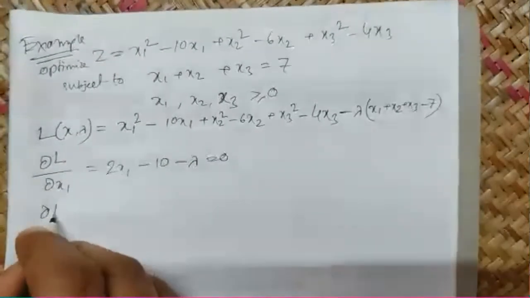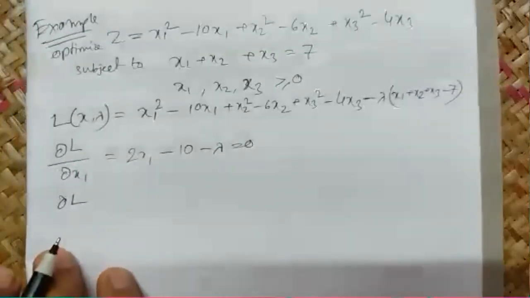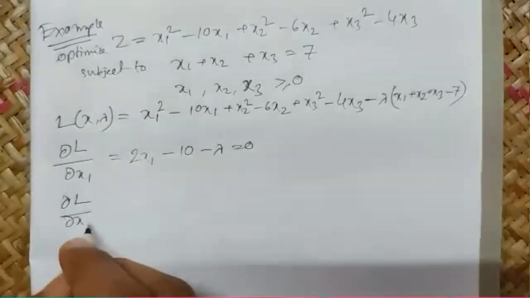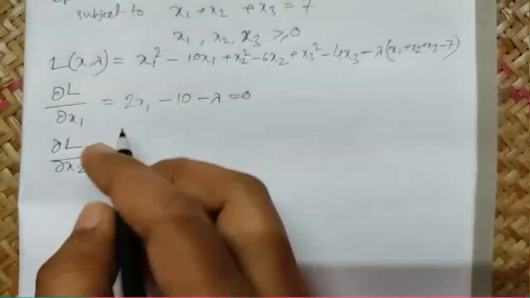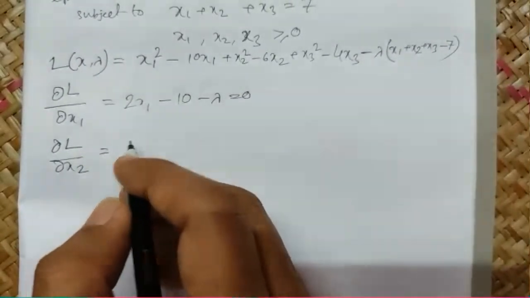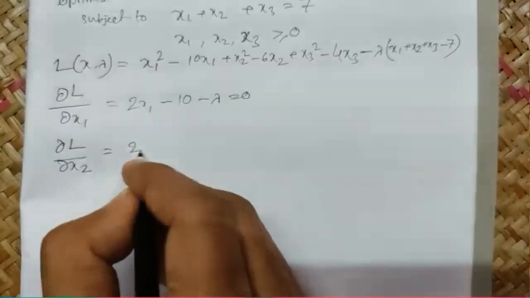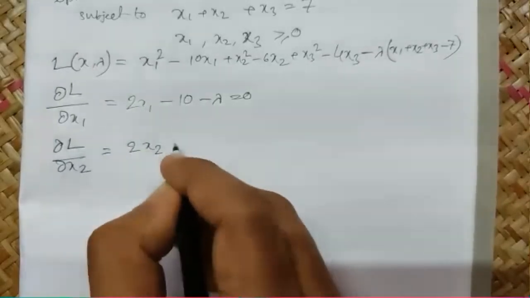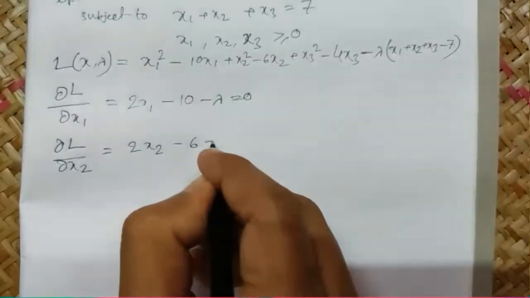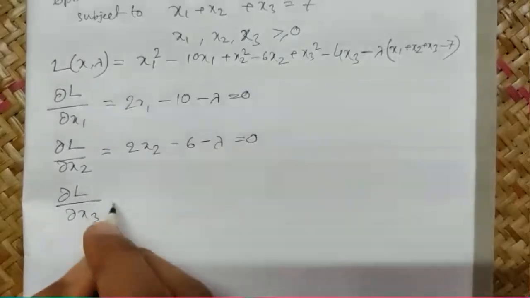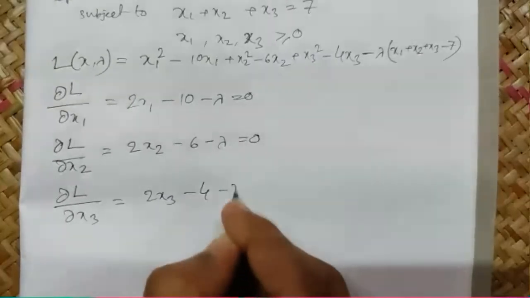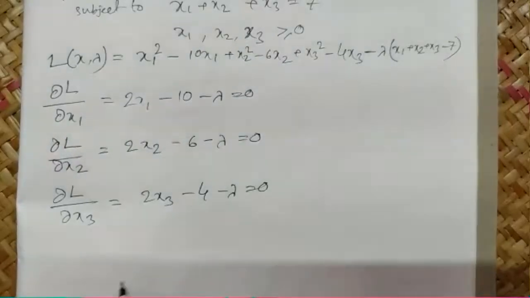Then the partial derivative with respect to x2 is 2x2 minus 6 minus lambda, also equal to 0. We get del L del x3 as 2x3 minus 4 minus lambda equal to 0.